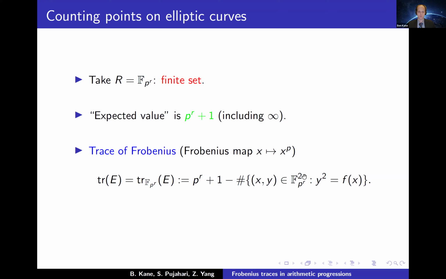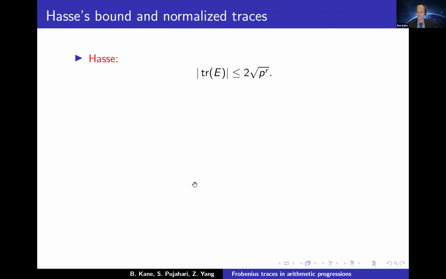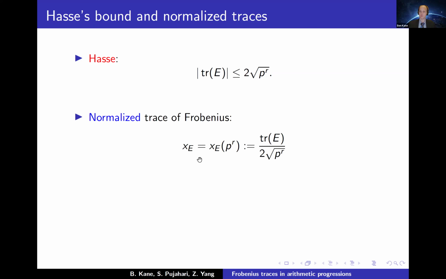So the number of solutions is equal to p to the r plus 1 minus this trace of Frobenius. And Hasse actually showed that this trace of Frobenius is bounded by 2 times the square root of p to the r. So in some sense, compared to the expected value, it's what you would take to be something like the variance. It's the size of the variance.